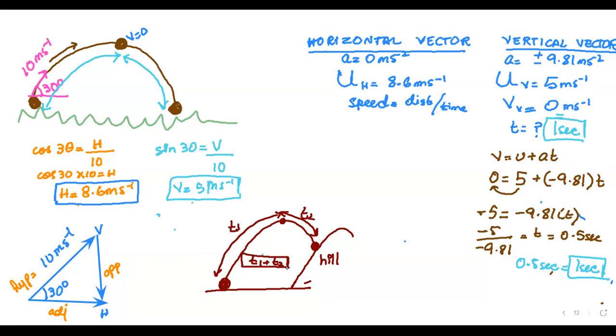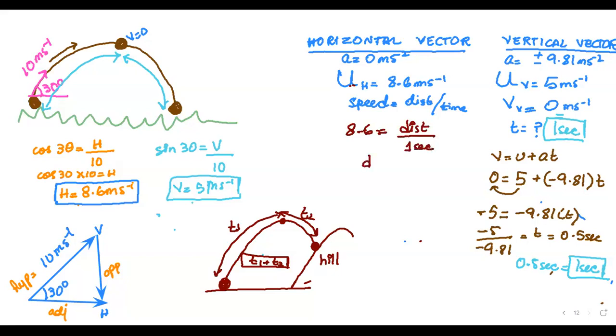Now, I can calculate pretty much anything at this point. I have my time, right? So for example, if I want to calculate the horizontal distance, speed is 8.6 horizontally. My time is 1 second.